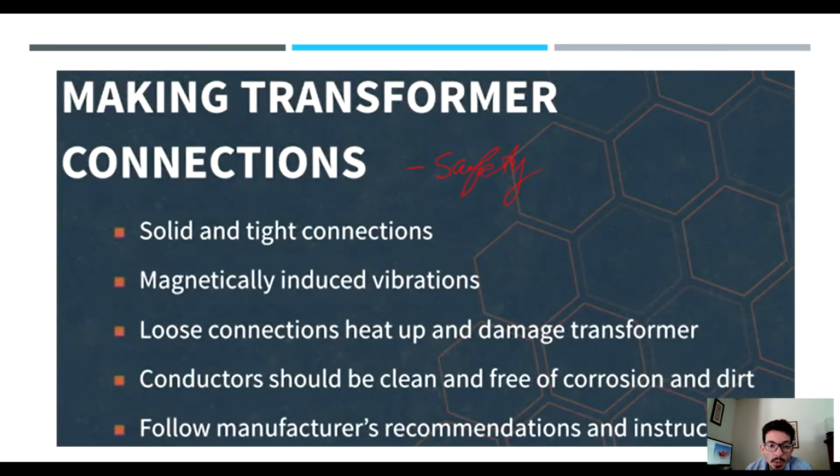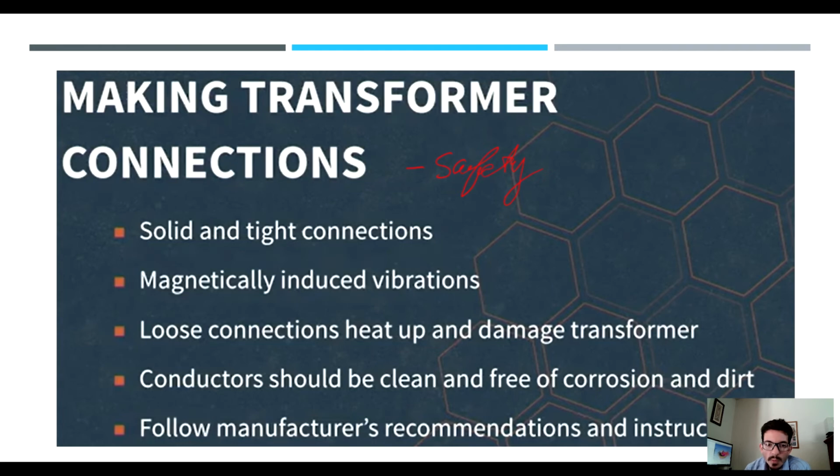You have to remember that loose connections can heat up and damage the transformer, because when they get loose, they have less contact area to transfer the current, which is usually high current, and it could be a hazard. So again, connections are extremely important.